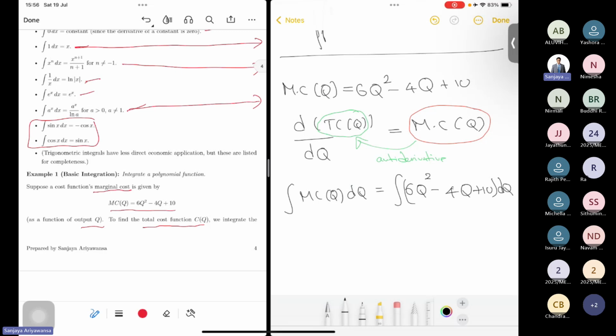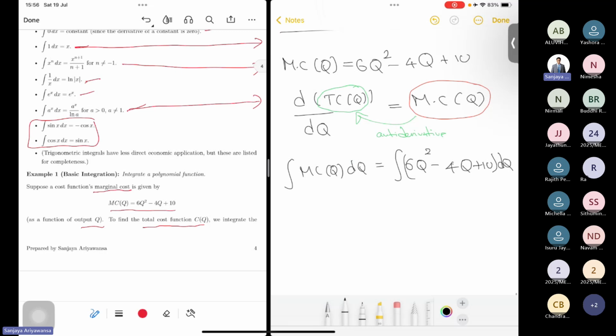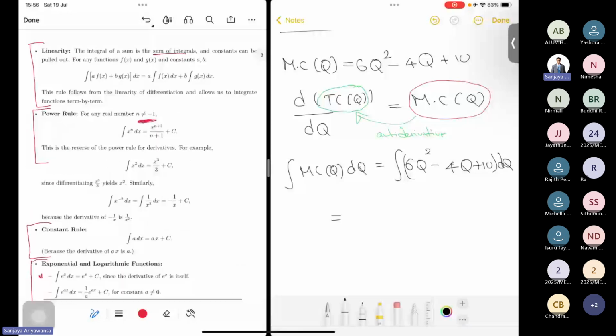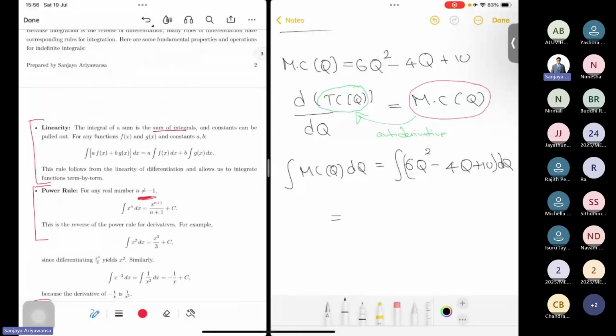So now from the linearity rule, we can separate these out. What is the linearity rule? Let's go back and remind ourselves. The linearity rule is this: you have one whole function, the integral of a sum, so you can separate it out into the sum of the integrals. Let's first do that.